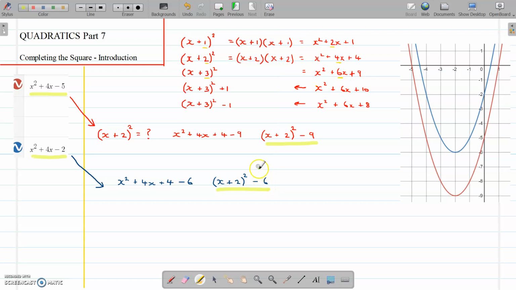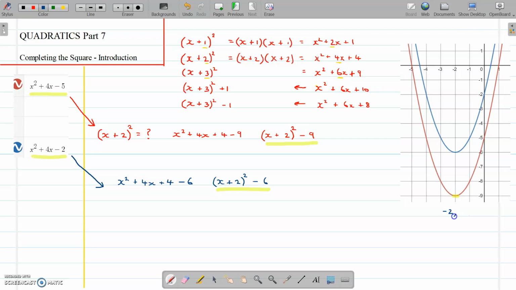Okay, so if we take the first one here, x squared plus 4x minus 5, the graph in red here, look at the minimum point on the graph. The minimum point has coordinates -2, -9.